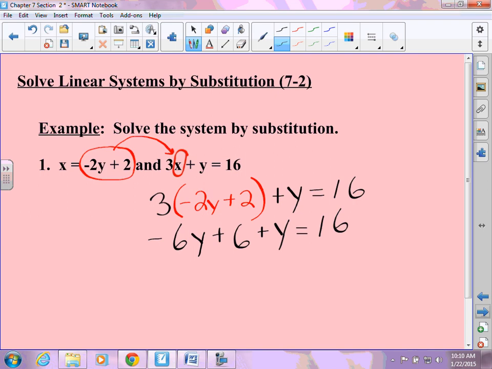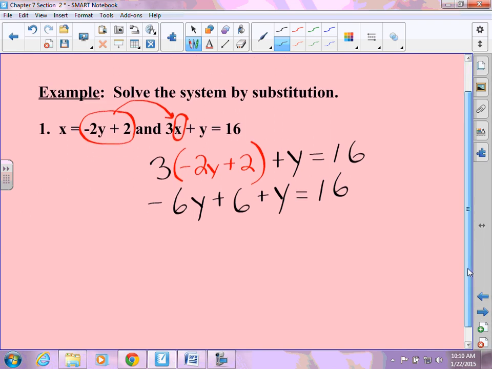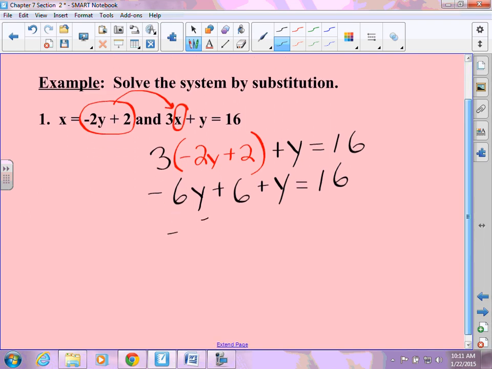What do I get? Correct. I'm going to get negative 5y, because negative 6y plus 1y is negative 5y, plus 6 equals 16. Now remember, I want my variables on one side and my numbers on the other. So I'm going to subtract 6. Now, everyone should be taking notes. Remember, math is not a spectator sport.